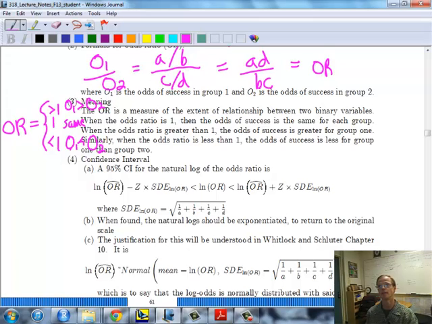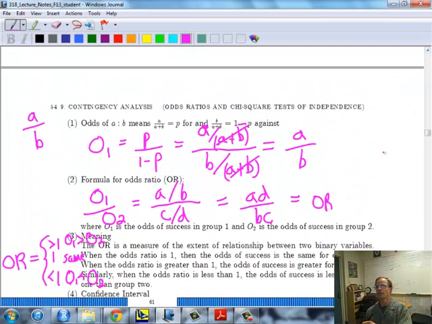Okay, let's see what that means in our specific example. To compute it in our example, let's go ahead and write that odds ratio out.